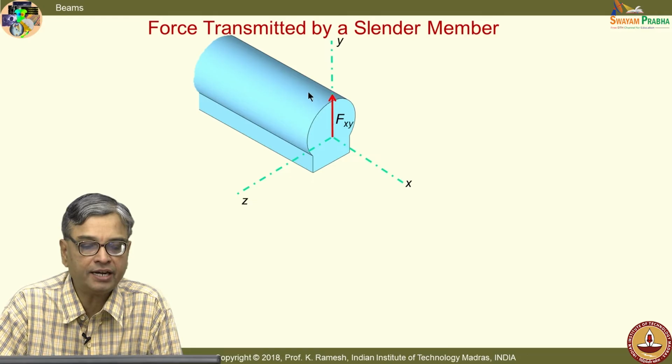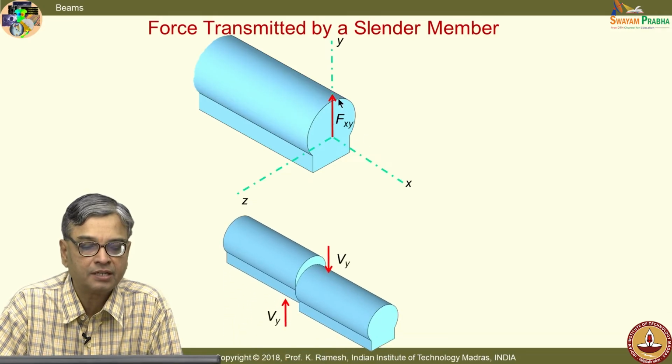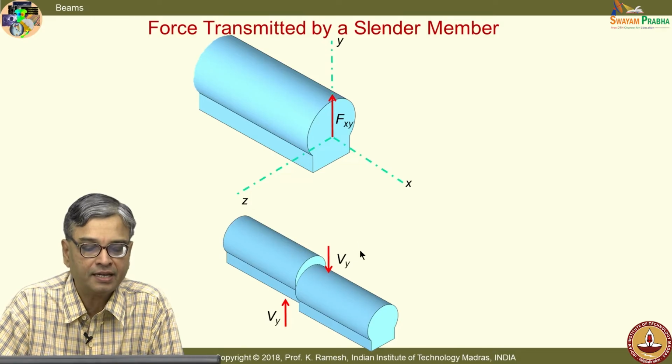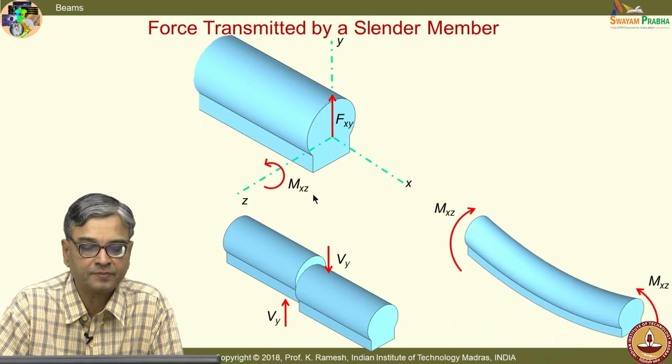In general, it can transmit 3 forces and 3 moments, and what you see here is a shear force. This is the symbolism used in higher studies, but in this course we would simply indicate it by the symbol V. You can also have a bending moment transmitted, so it would bend in the plane xy like this.